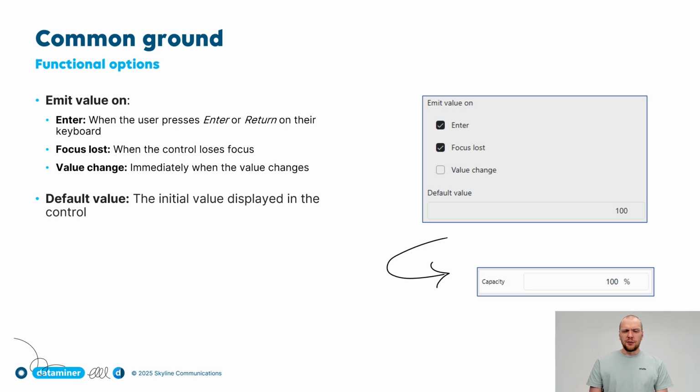Or we can say whenever the control loses focus, from that moment we want to expose the new value in our control. Or we can say we just do it whenever the value changes. So for a text input, this would mean whenever I hit a key on my keyboard, the value is being updated. We have a last functional option that determines the default value for our control.